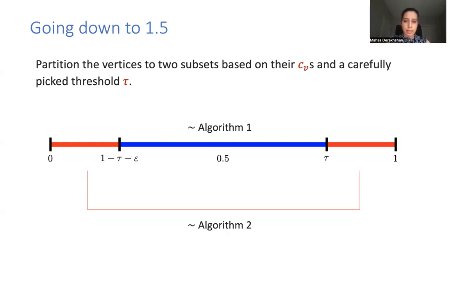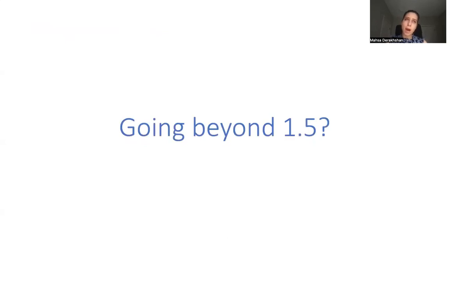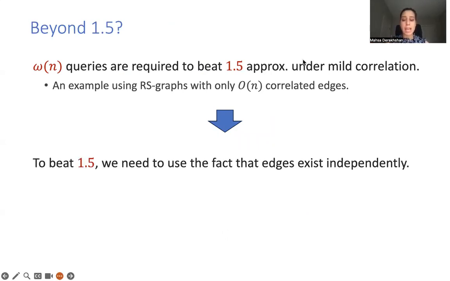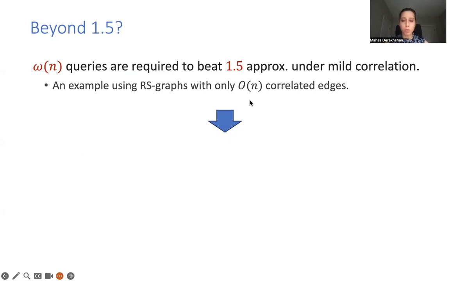Okay. Now, let's talk about whether it is possible to go beyond 1.5 approximation. As I mentioned, we show that if O of n edges are allowed to be realized in a correlated way, it is not possible to beat 1.5 approximation using only O of n queries, right? What does this mean?